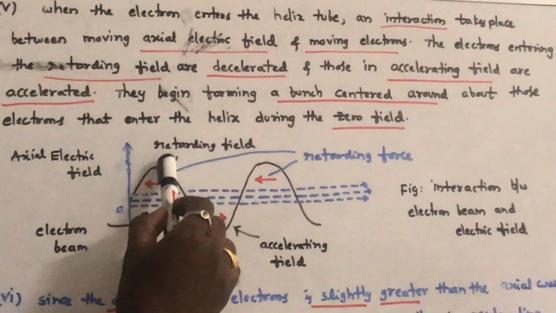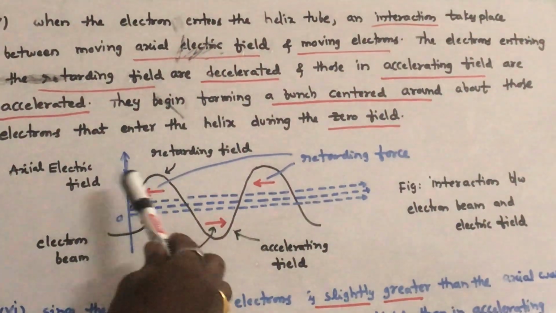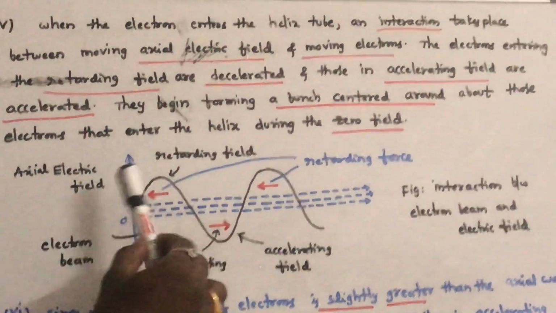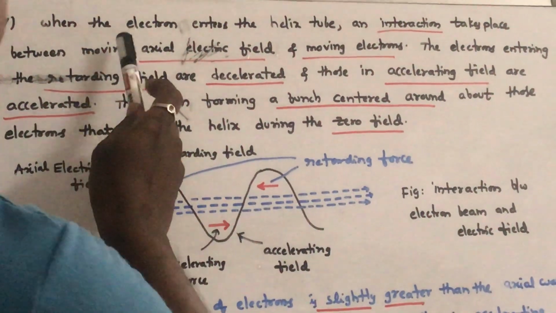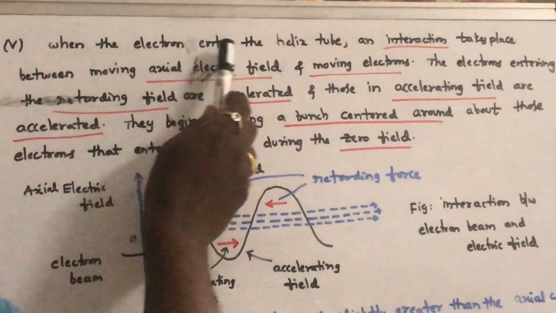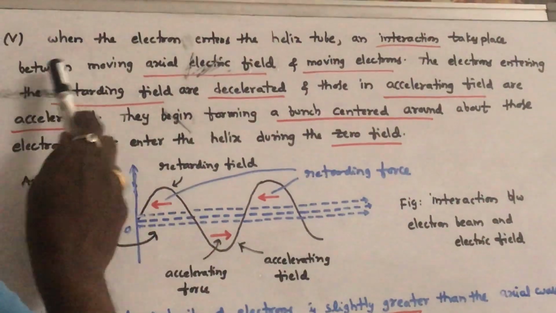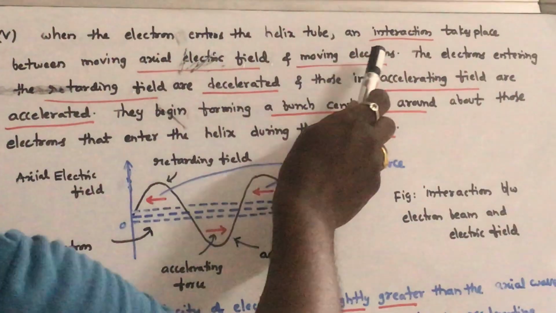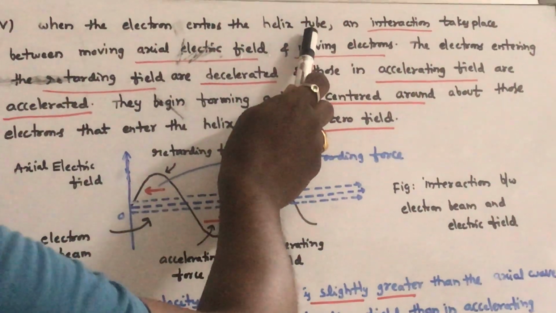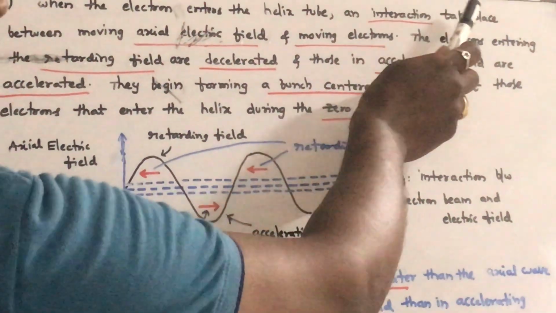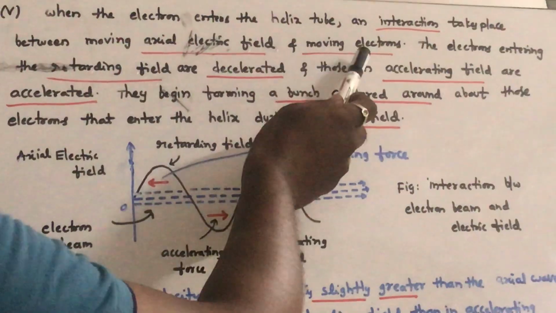You can see that there is a retarding field, and this is the accelerating field. Let us see what happens when these electrons travel through this axial electric field. When the electrons enter the helix tube, an interaction takes place between the moving axial electric field and the moving electrons.